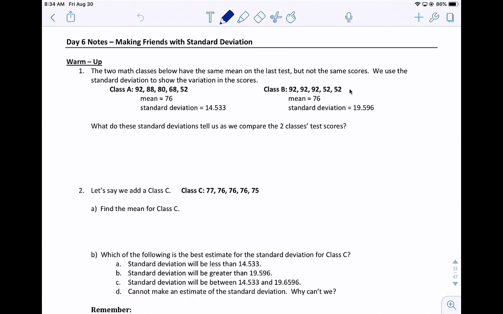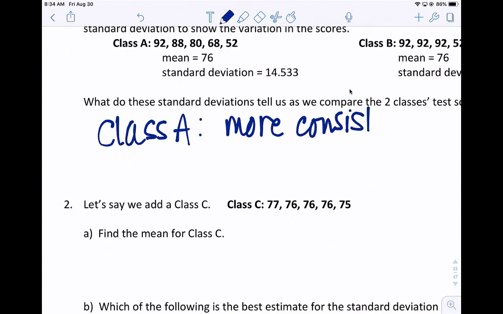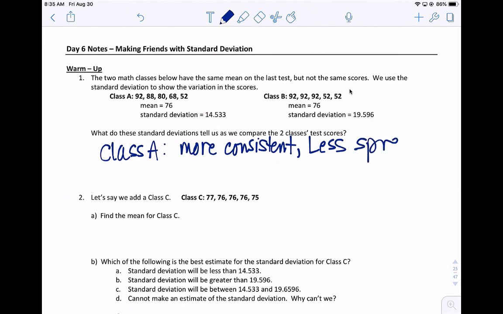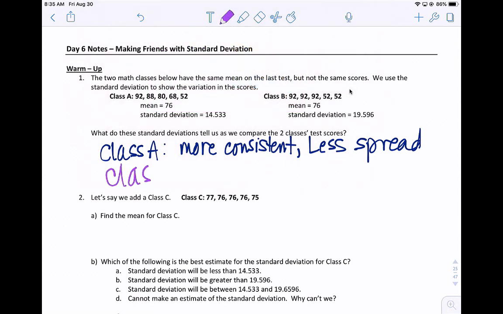So let's write that down. Class A, more consistent, which means less spread out. And then we have Class B, less consistent.